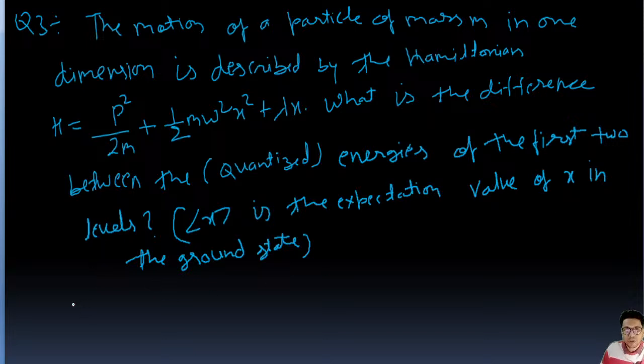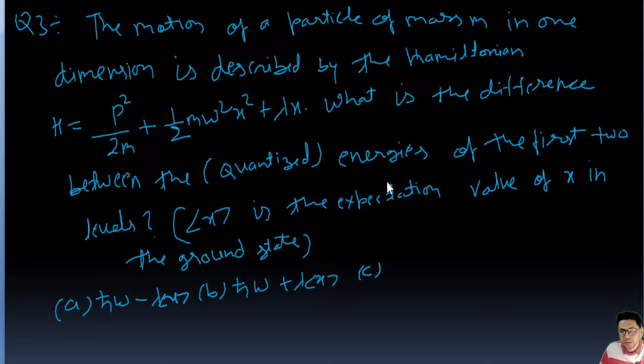Okay, and options are given. Option A is h cut omega minus lambda x. Option B is h cut omega plus lambda x, where this is the expectation value of x.